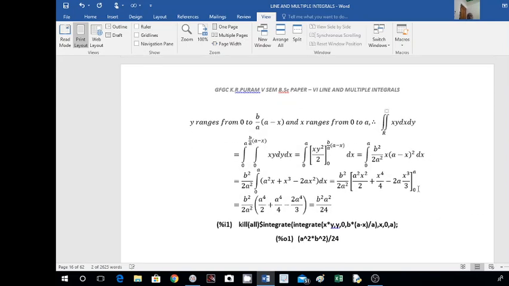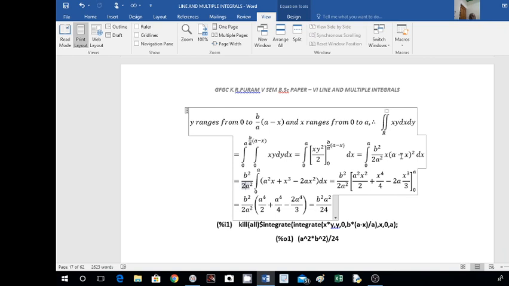Then I put b squared by 2a squared outside the integral sign. Expanding (a - x) whole squared gives a squared plus x squared minus 2ax. So a squared times x is a squared x, plus x squared times x is x cubed, minus 2ax times x is minus 2ax squared, dx.